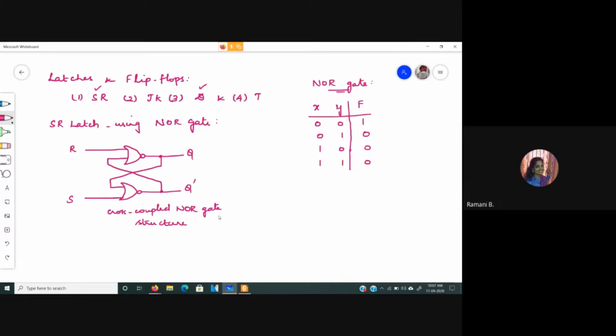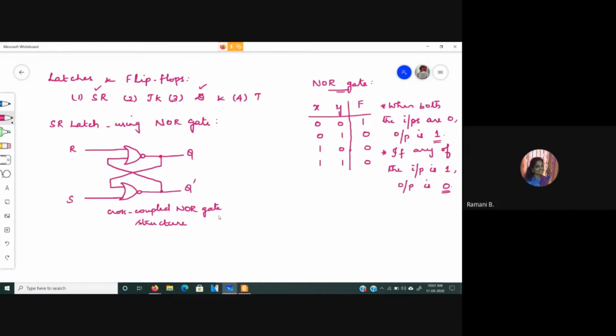The NOR gate functions exactly as the complement of the OR gate. So when both the inputs are 0, the output is 1. If any of the inputs is 1, the output is 0. You have to remember these cases before seeing how this latch is going to operate.